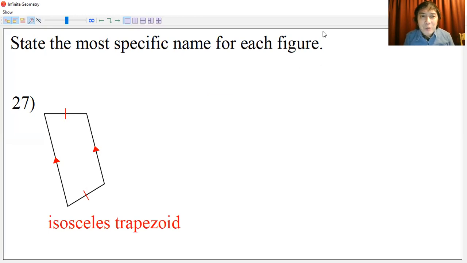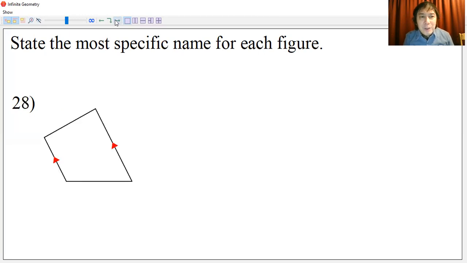Continue now with number 28. Okay. This is another closed figure with only one pair of parallel sides, and the other pair is not mentioned congruent. So this is an ordinary trapezoid.